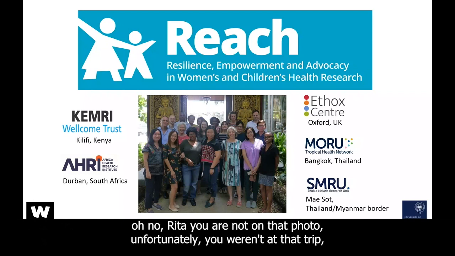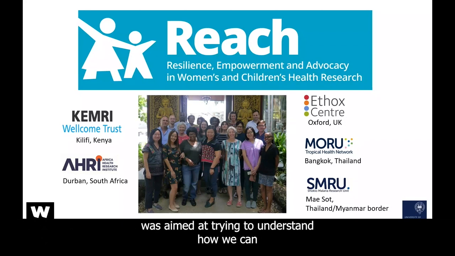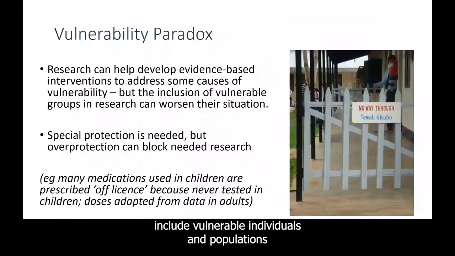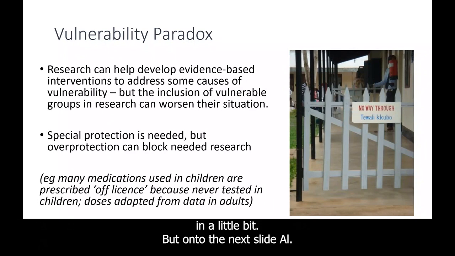Oh no, Ritu, you're not on that photo, unfortunately. You weren't at that trip, but Ritu, who's on this call, is also part of the REACH network. So the REACH programme of work was aimed at trying to understand how we can include vulnerable individuals and populations in research. And I'll come back to the title, Resilience, Empowerment and Advocacy, in a little bit. But on to the next slide, Al.